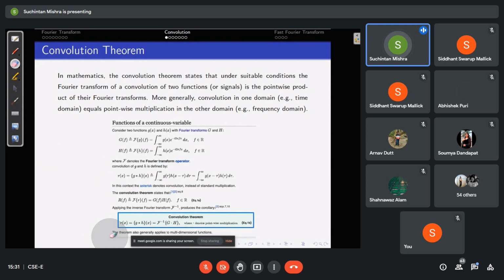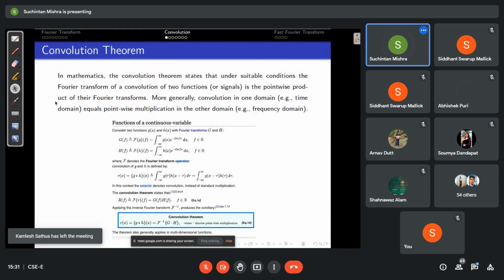The convolution process adds two signals pointwise so that a corresponding composite signal is formed. So let us understand what the convolution theorem is saying.